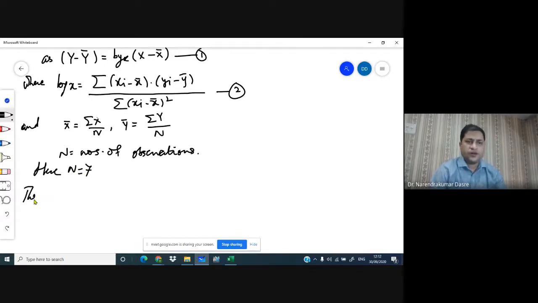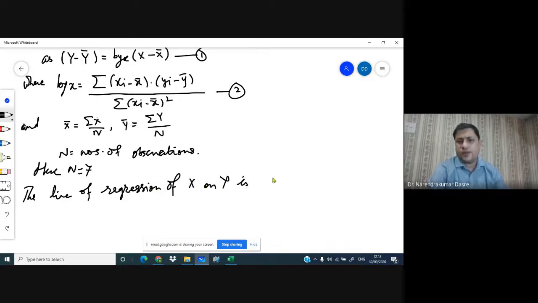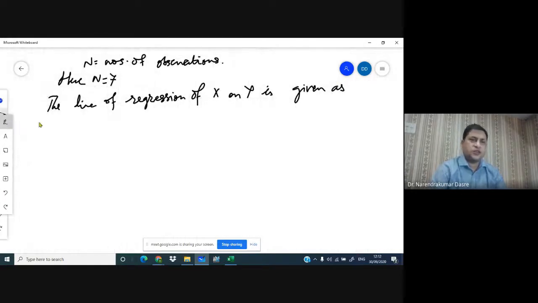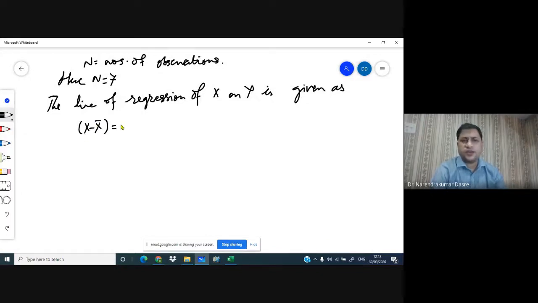Now the line of regression of x on y is given as: x minus x bar is equal to Bxy times y minus y bar.